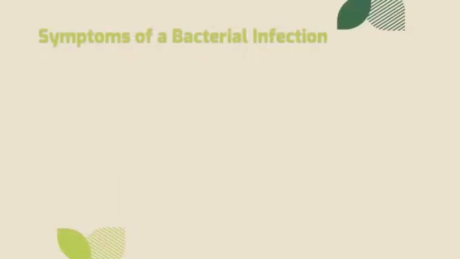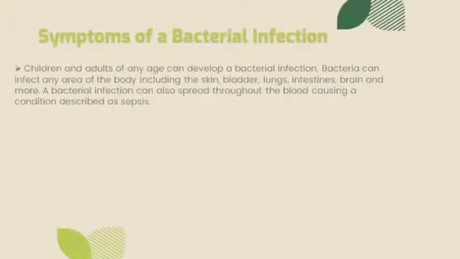Symptoms of a bacterial infection. Children and adults of any age can develop a bacterial infection. Bacteria can infect any area of the body, including the skin, bladder, lungs, intestines, brain, and more. A bacterial infection can also spread throughout the blood, causing a condition described as sepsis.